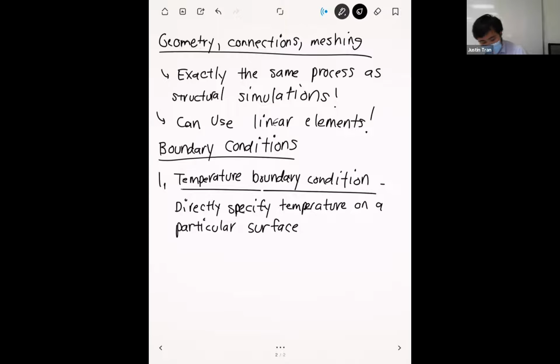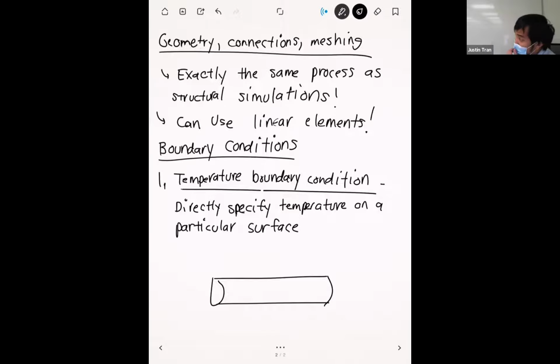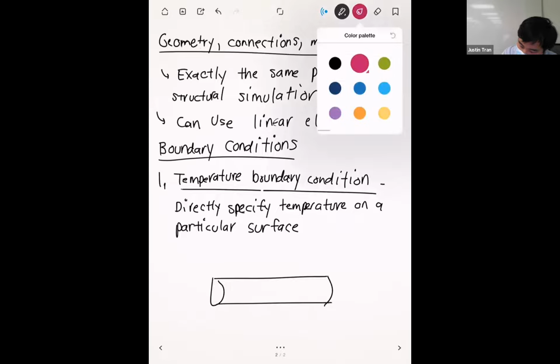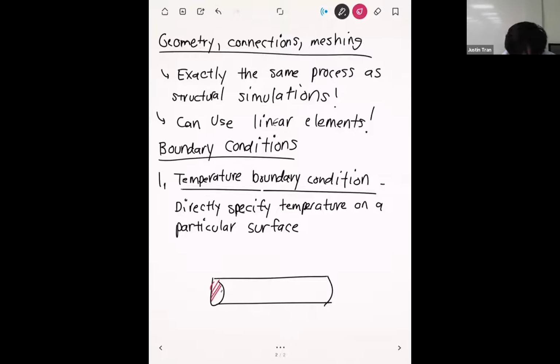Let's say that we have a cylinder like this, and we know that the temperature of the cylinder on the left face is 100 degrees C. We can directly specify that. So we can directly specify what the temperature is going to be at a surface using a temperature boundary condition.